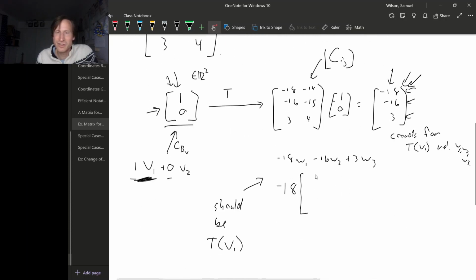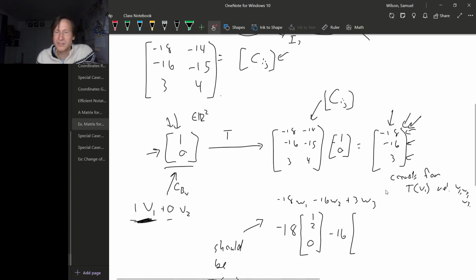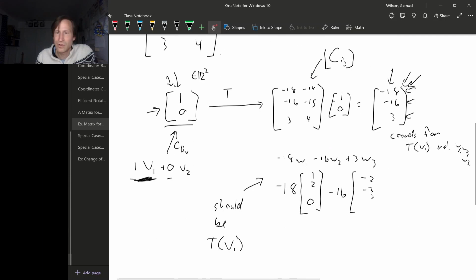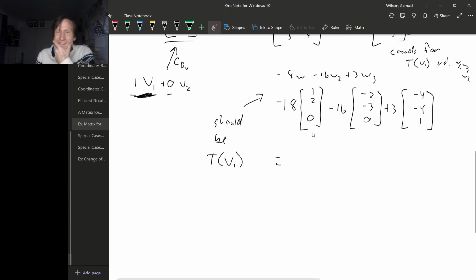So 1, 2, 0, minus 16 times our second basis vector minus 2, minus 3, 0, plus 3 times our third basis vector is minus 4, 1. Okay, so let's see. Here's 18 plus 32.